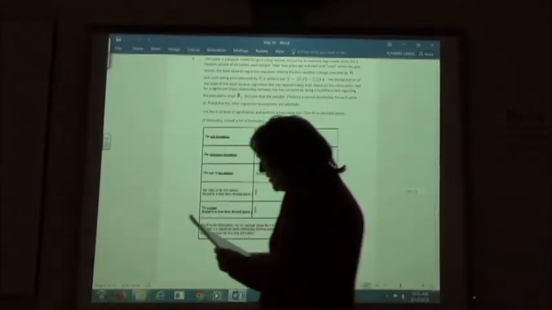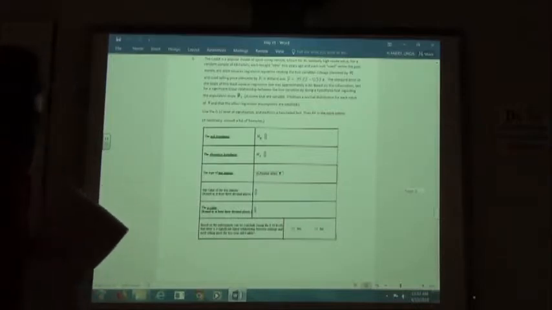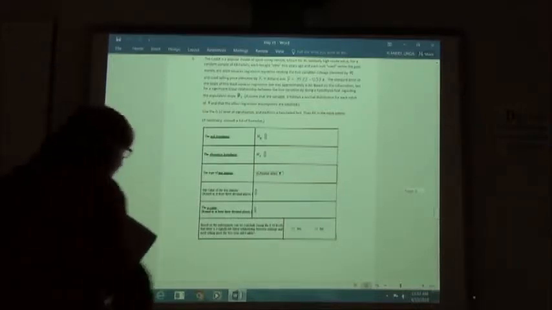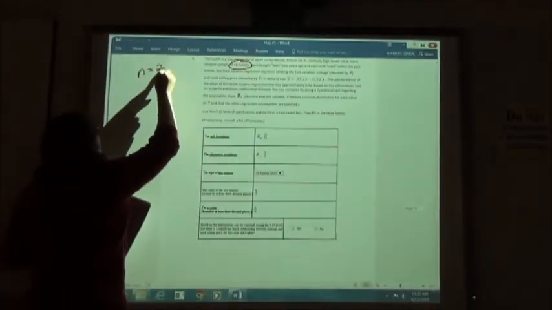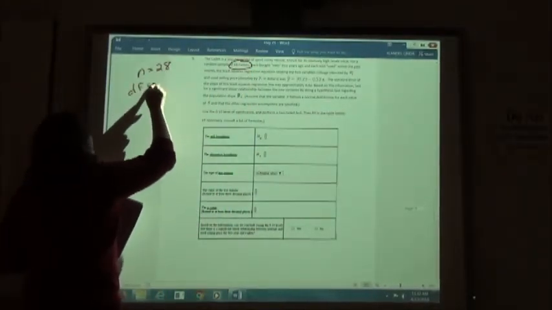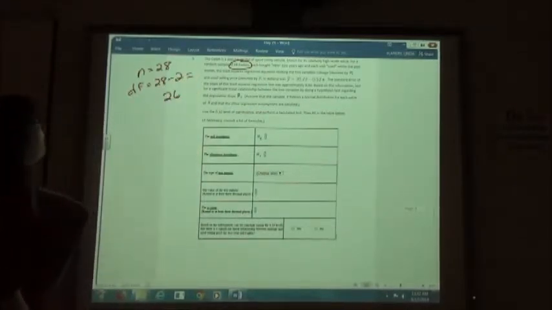Number 9, the Cadet is a popular model of a sport utility vehicle known for its relatively high resale value. For a random sample of 28 cadets, there's our N value, which means our degrees of freedom is going to be 28 minus 2, or 26.